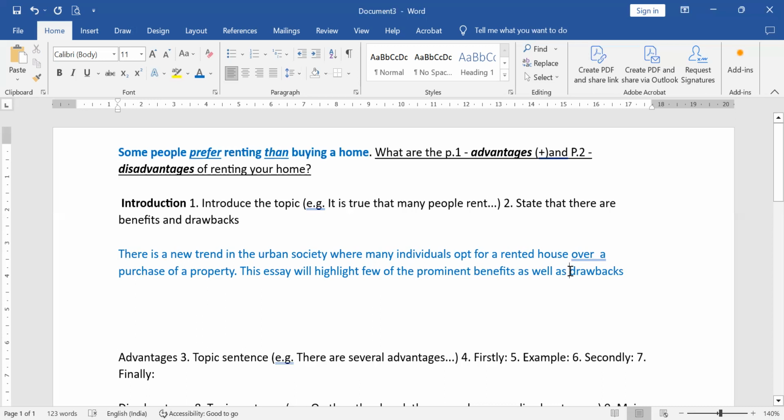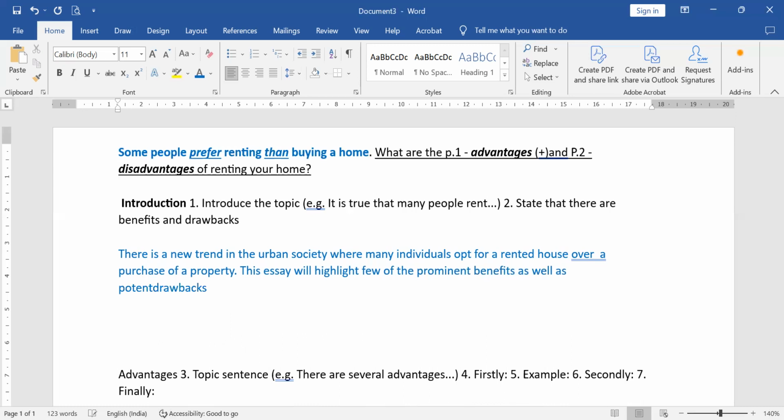Which drawbacks? What are the drawbacks? Common drawbacks, yes, or potential drawbacks. It's not necessary that somebody will have the same, but it's a potential.